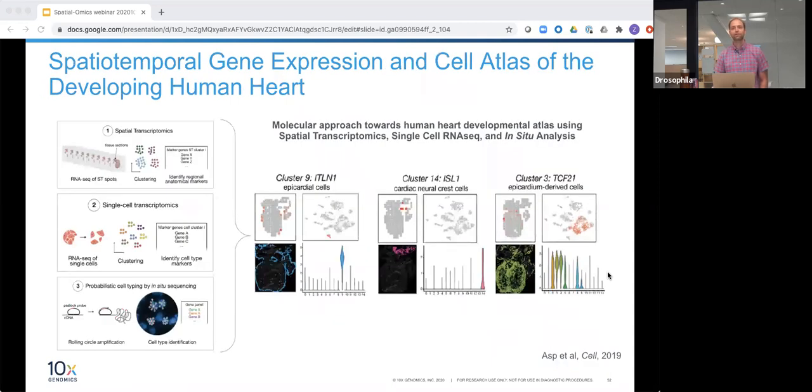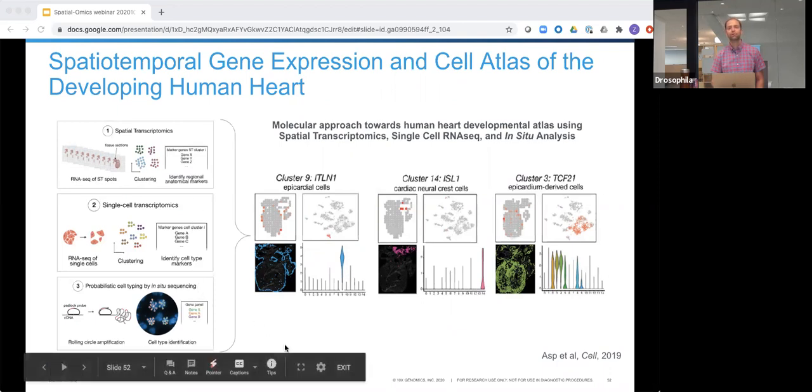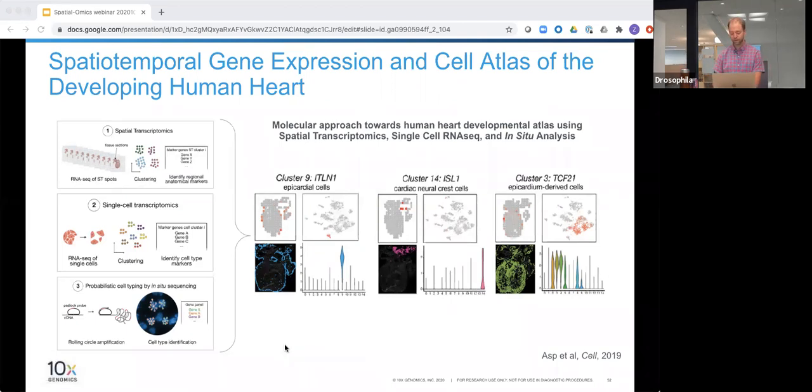And in fact, there's a paper, this ASP paper from last year out of SciLife, that did just that. They created basically a cell atlas of the developing human heart using spatial transcriptomics, single cell transcriptomics, and these in situ techniques, showing the complementarity of all these techniques. So this was a really cool paper.